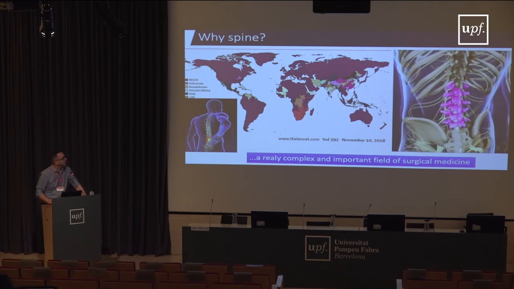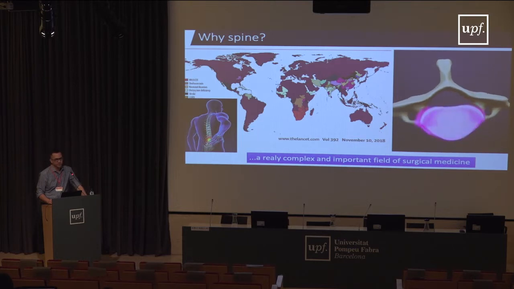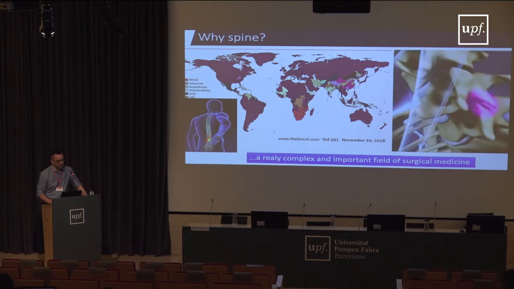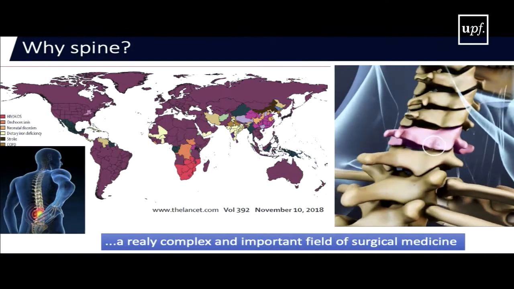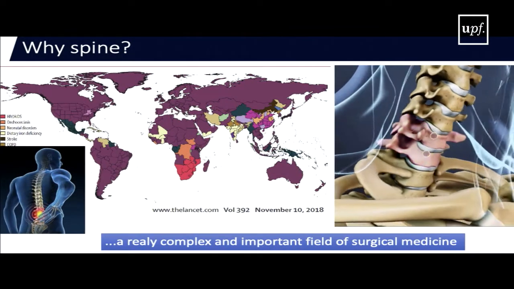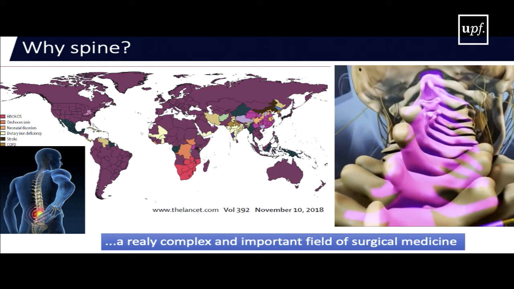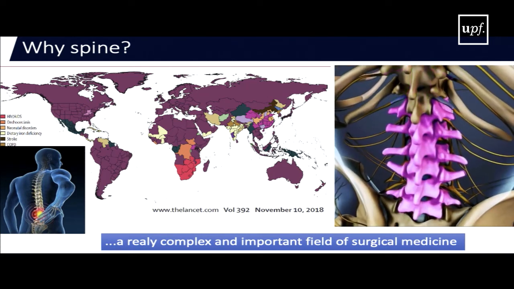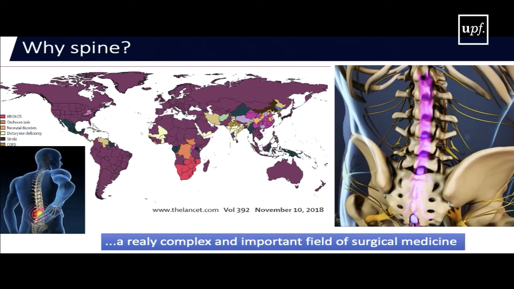We can say that spine problems are really common in the world, and this map shows you the countries in purple color where spine problems, and especially low back pain, cause the most disability in these societies. So low back pain and degenerative problems of the spine are really common and cause a big economic and health problem.